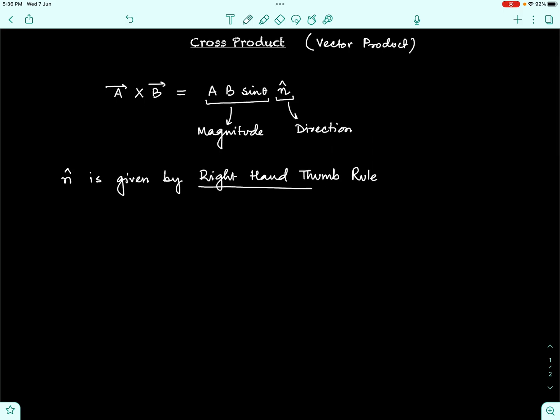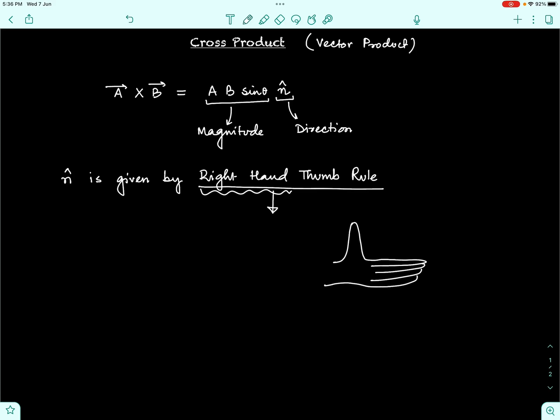Okay. So, according to the right hand thumb rule, we take our right hand and stretch our fingers perpendicular to the thumb. Let me try and draw a figure for this. This is the thumb and these are the fingers of our right hand, let us say.